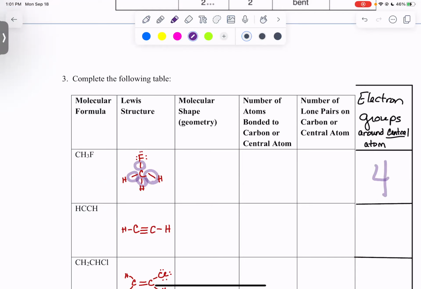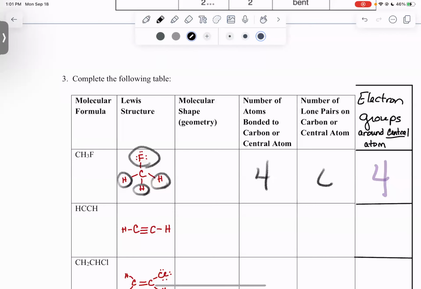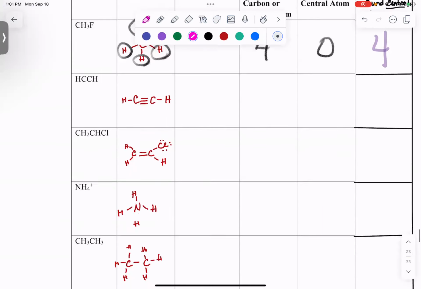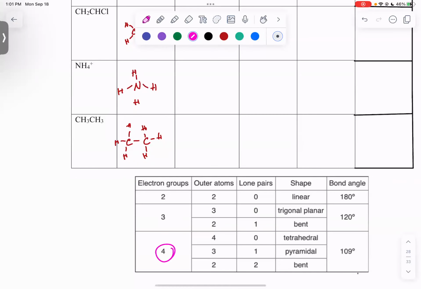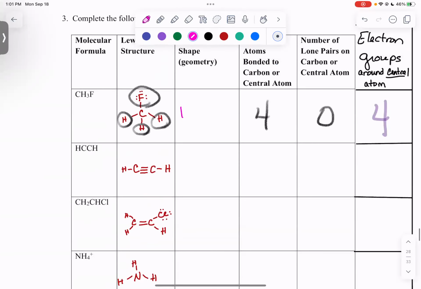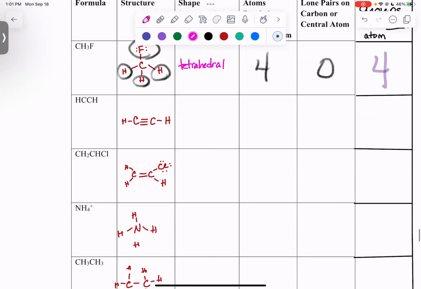Of those 4 electron groups, 1, 2, 3, 4 outer atoms surround that central carbon and no lone pairs. So what kind of a molecule am I? If I go down here and I say 4 electron groups, 4 outer atoms, 0 lone pairs, my shape is tetrahedral. Okay, do the next one.